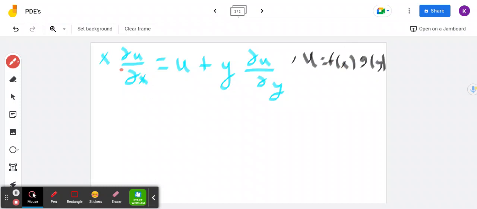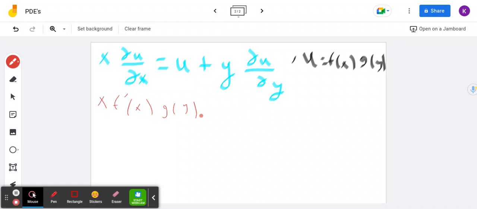And as a result, when we, for example, see the left-hand side, this becomes x times the partial derivative with respect to x, which becomes f prime of x, and then times g of y.